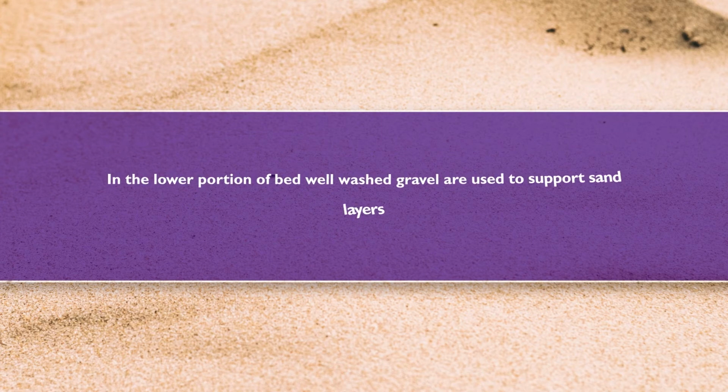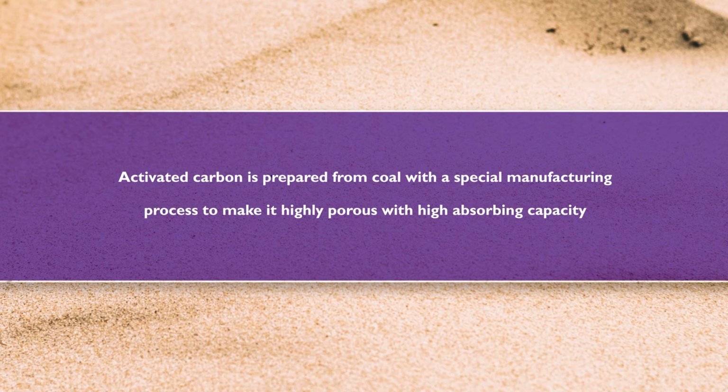In the lower portion of the bed, well-washed gravel is used to support sand layers. Activated carbon is prepared from coal with a special manufacturing process to make it highly porous with high adsorbing capacity.